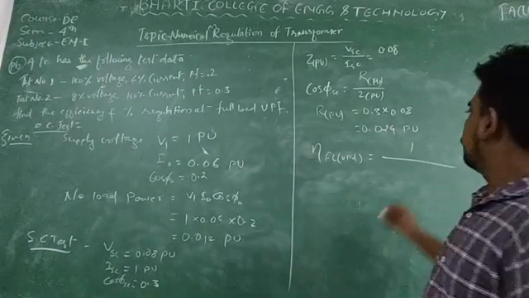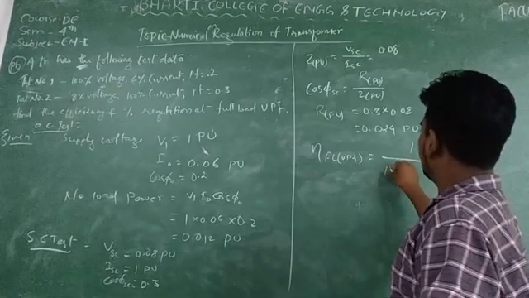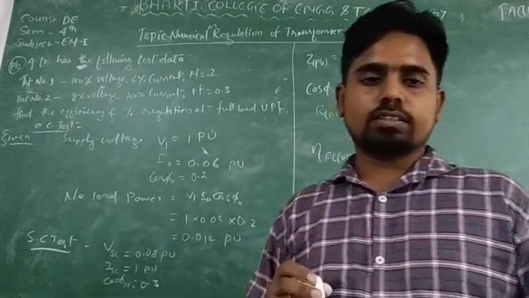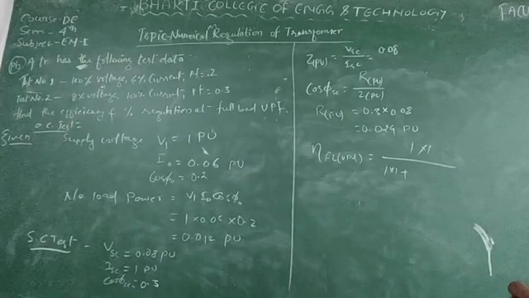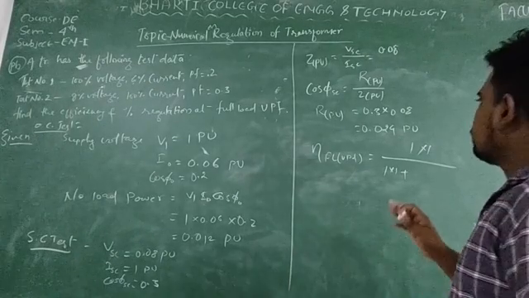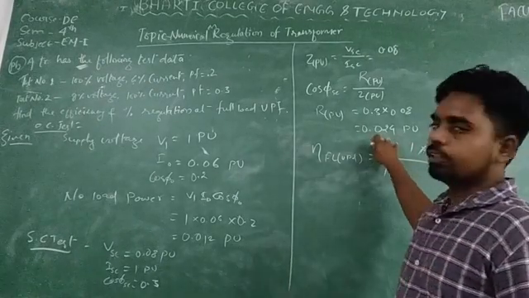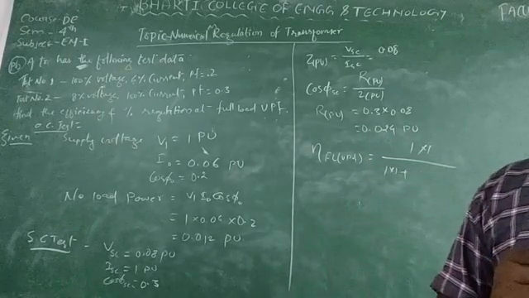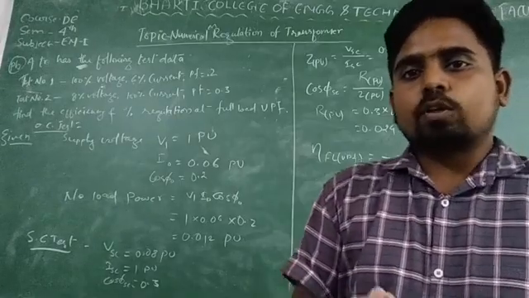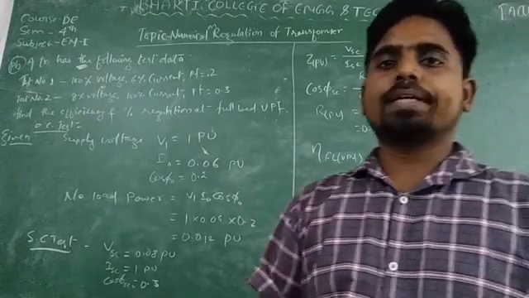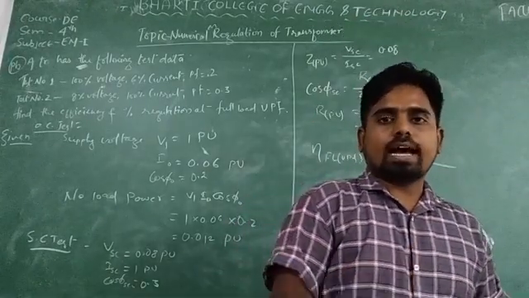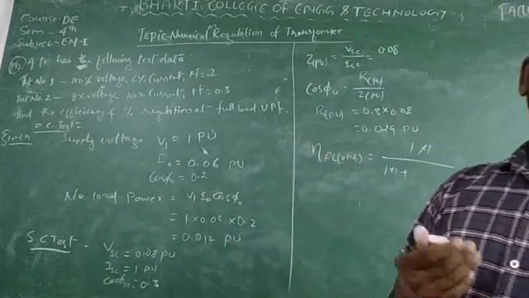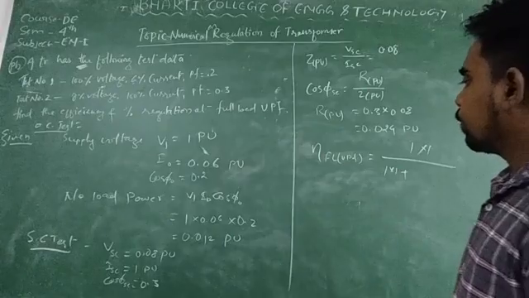So it is 1 into 1 upon 1 into 1 plus the losses which occur. 0.024 is the resistance loss; since the current is unity, the I squared R copper loss will be 0.024 and the iron loss will be 0.012.